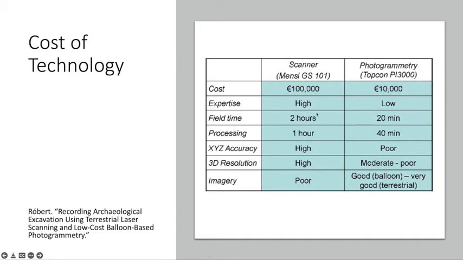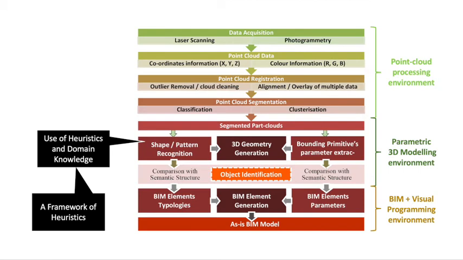Similarly, if you want high accuracy, a laser scanner gives you high accuracy, but the cost is very high, and therefore these technologies are not getting highly adopted in construction. On the other hand, photogrammetry has low cost, but the results are not as good as a laser scanner.